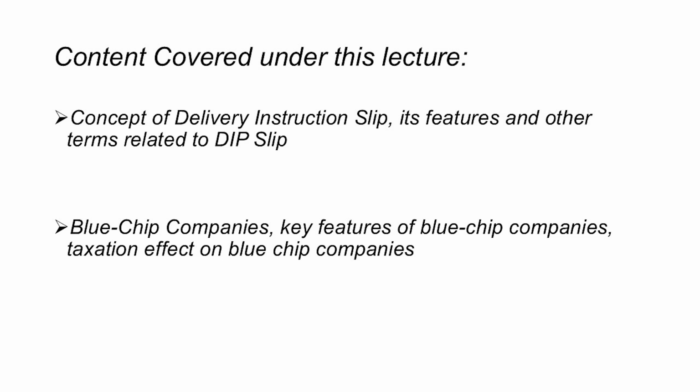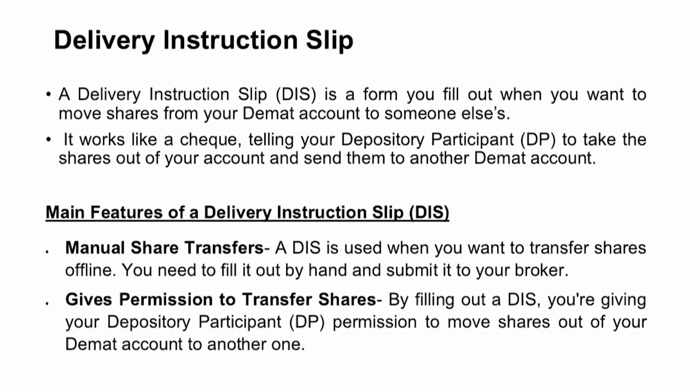We will also discuss the concept of blue chip companies and their key features, and understand how these companies can be very important for the investor in making their investment in the right quality of asset classes available in the financial market. So, let us start the first part of the discussion, that is the delivery instruction slip.